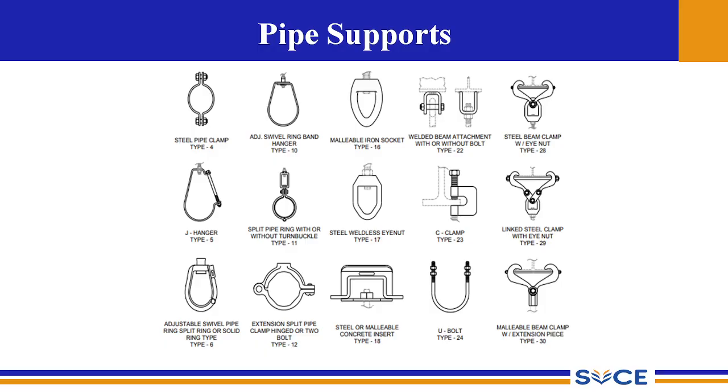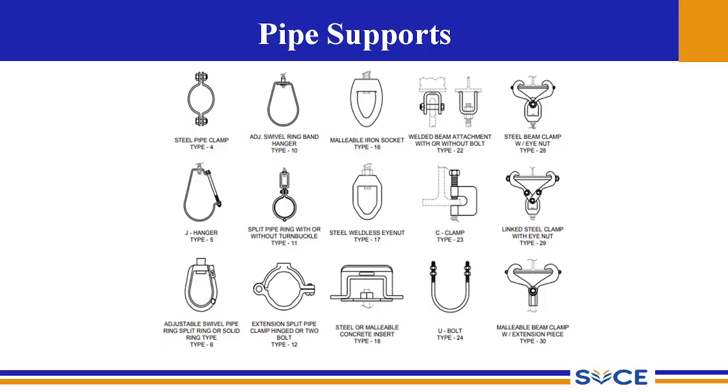It will be using a hanger rod or bolting to wall from the T-slot provided in the side of the strap. So this J-type hanger is a pipe suspension of horizontal lines.